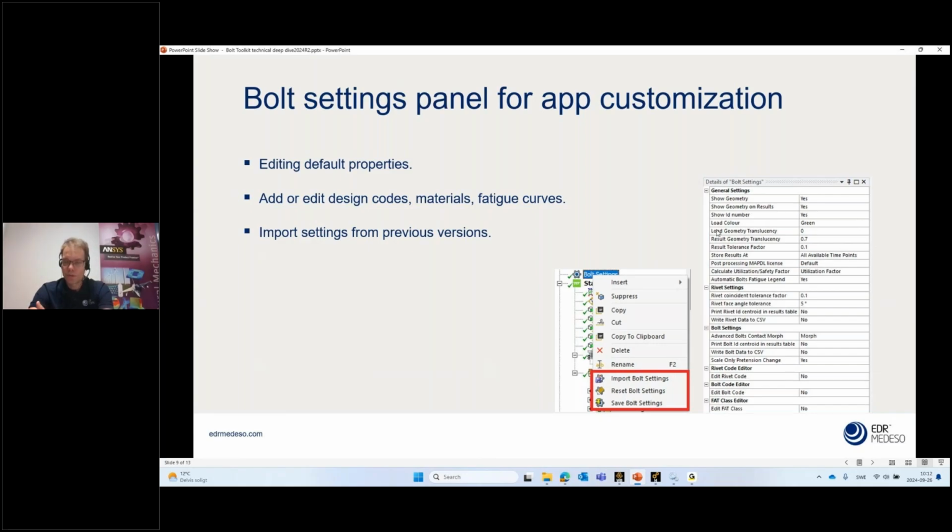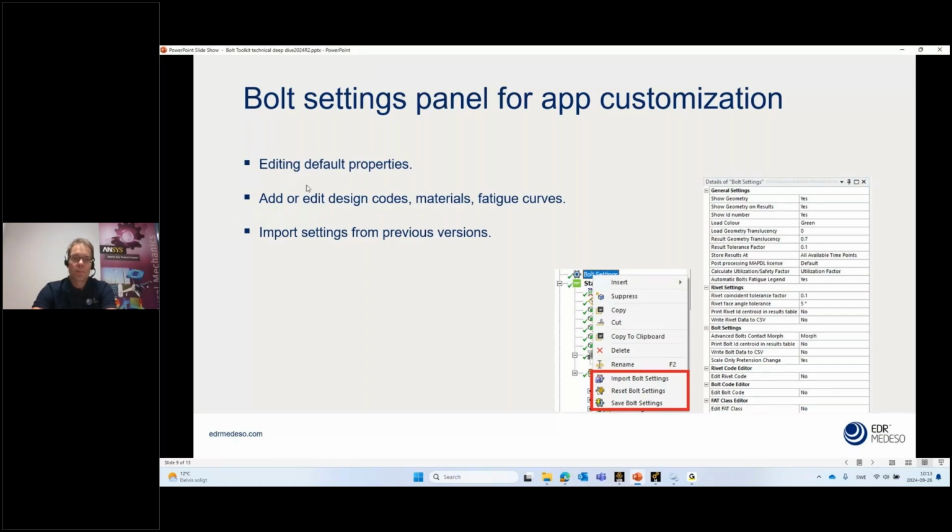That was changed some years back, and this panel now controls how you can toggle and set default values for all the different items, as well as editing or defining your own materials, rivet bolt codes, or fatigue class. And here you can easily import from a previous version, reset to the app default or save the new defaults.